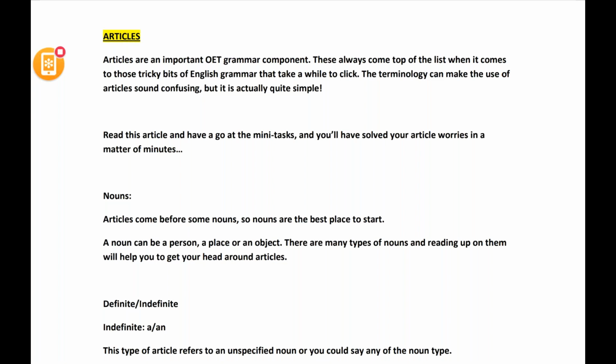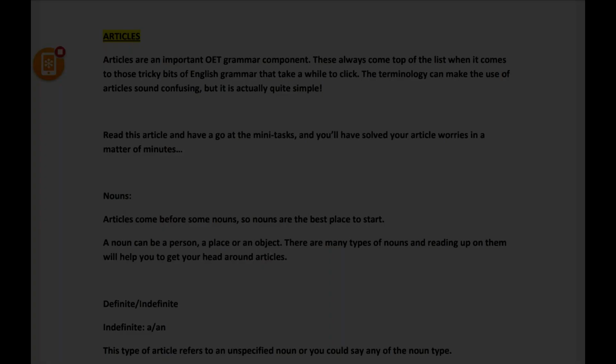So anybody has an idea what the articles are? Anyone? A, an, the. Yeah, so a, an and the, these all are articles.